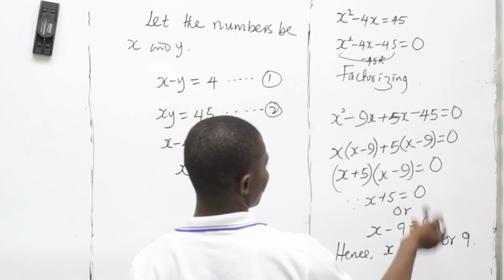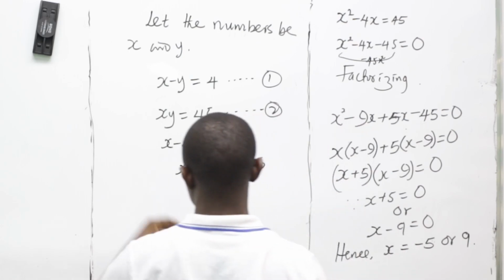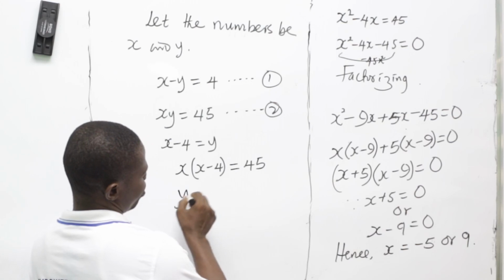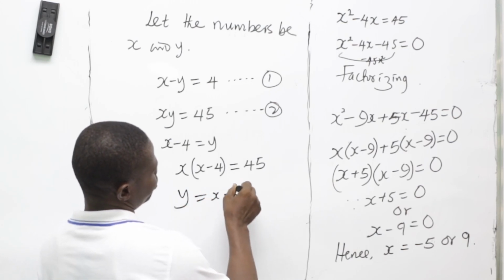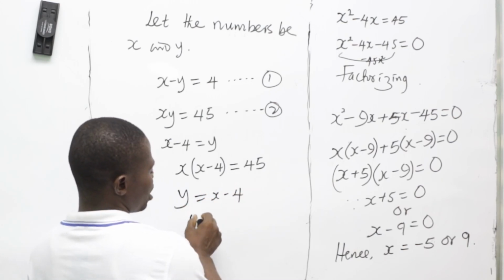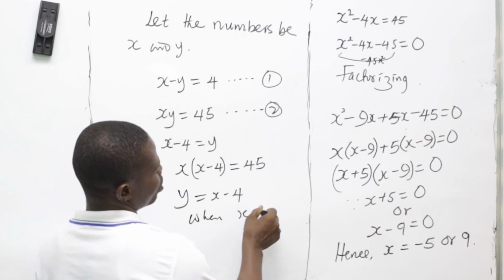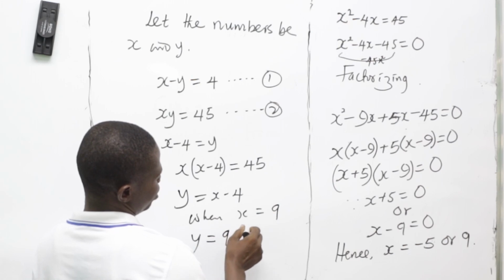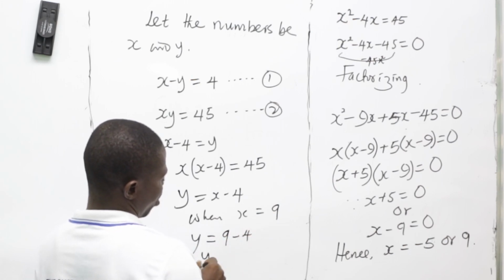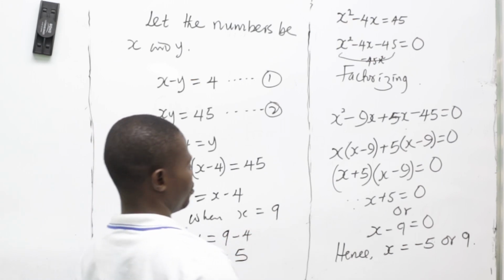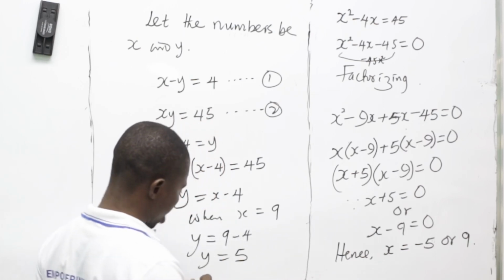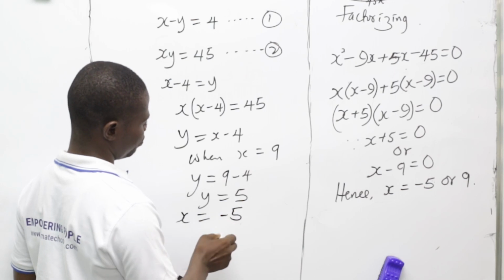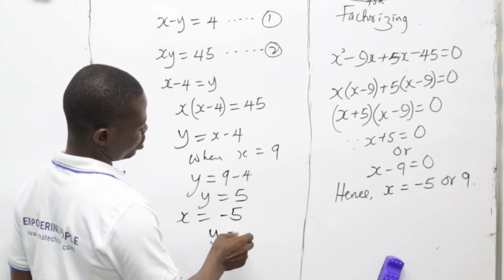Or the other way around. Recall that you have y equals x minus 4. When x equals 9, y will be what? 9 minus 4. Y will now be 5. Or when x equals minus 5, y will be what?